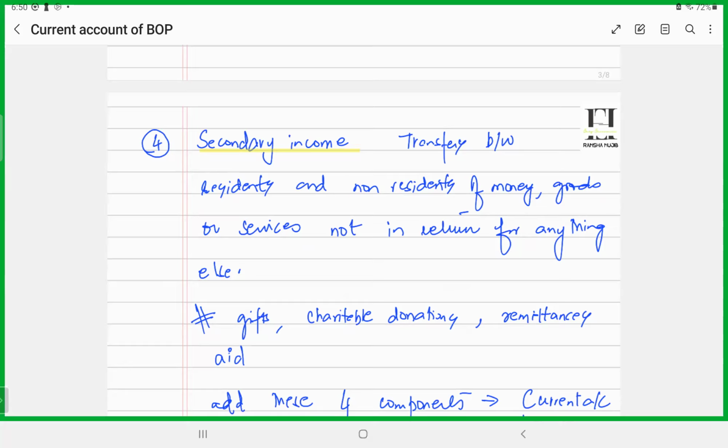This includes transfers of money, goods or services which are sent out of the country or which come into the country not in return for anything else. That means what? It usually covers gifts, it covers charitable donations, it covers workers' remittances, aids from one government to other, right?